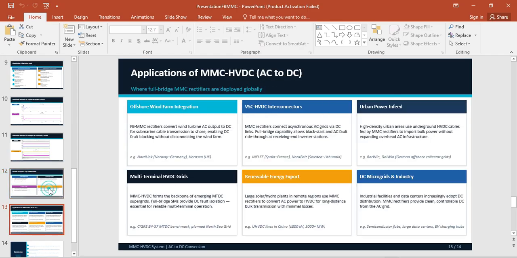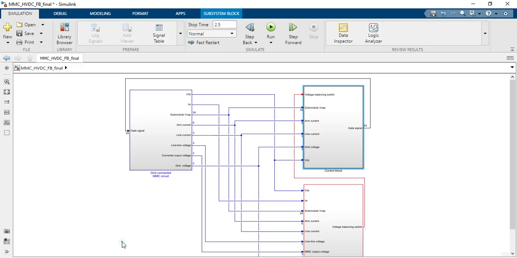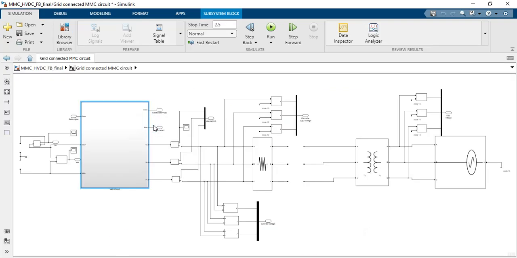Okay. So yeah, there are many applications such as offshore wind farm integration, VSC HVDC interconnectors. We have urban power infeed. We have multi-terminal HVDC grids. We have DC microgrids and other applications; it is also being used in railway traction. So the detailed modeling basically helps you to analyze each and everything.